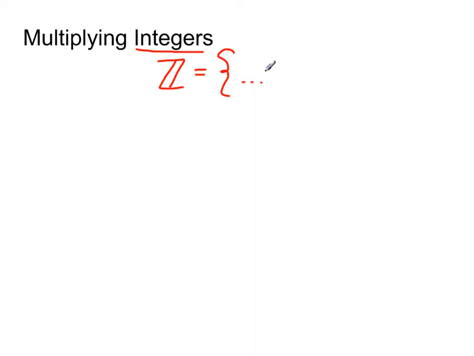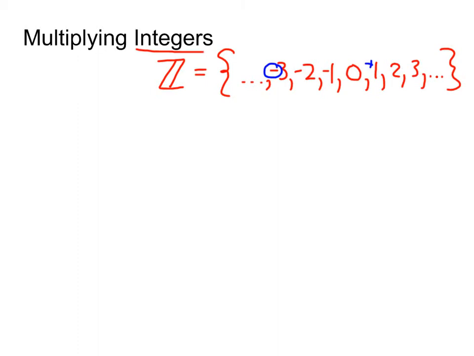Let's work our way up. -3, -2, -1. Then we hit 0, and we head ourselves into the positives. 1, 2, 3, and we keep on going in that fashion. So integers include negative signs, and of course includes 0, and it includes the positives.